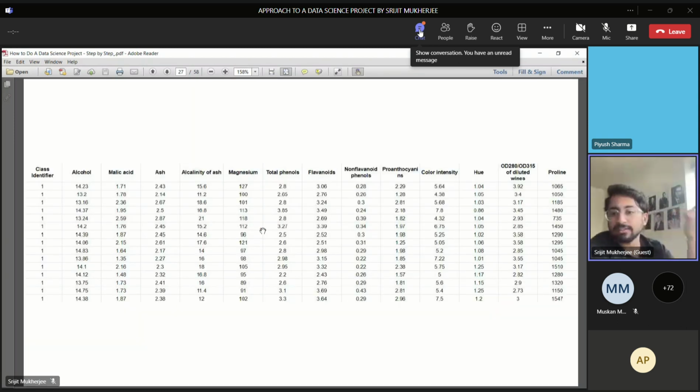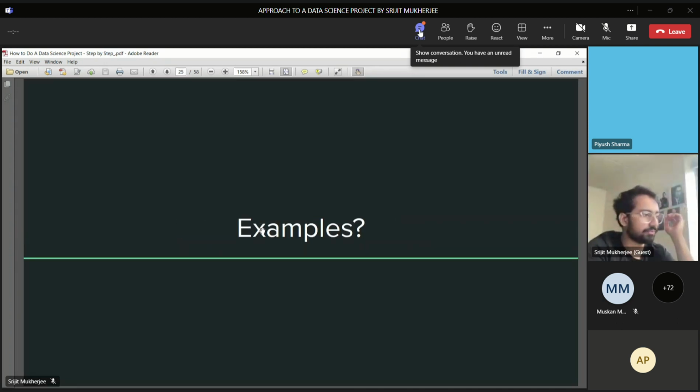So let's say a supervised learning example. Here is a data set called the wine data set. Can someone tell me what a good response variable is, and which are the predictor variables? Can someone share their idea? Which do you think is the response variable, the y, and which is the predictor set, the x, if you remember this diagram?